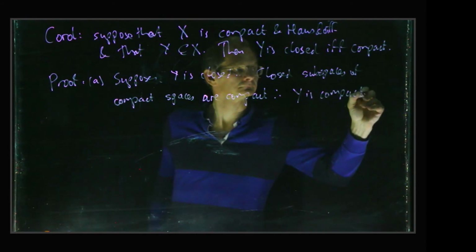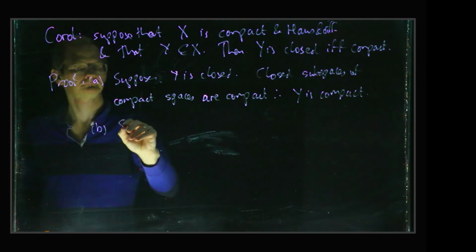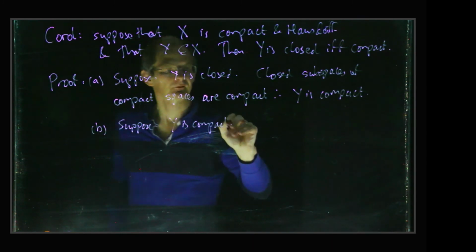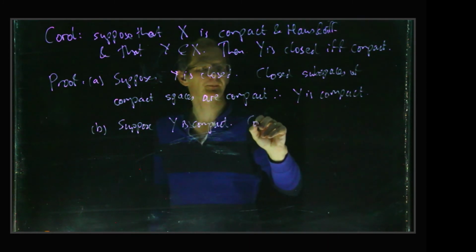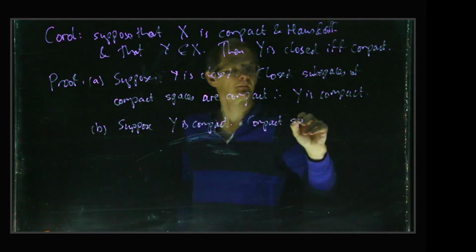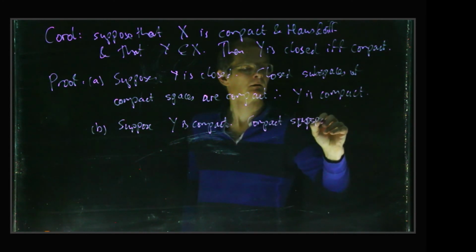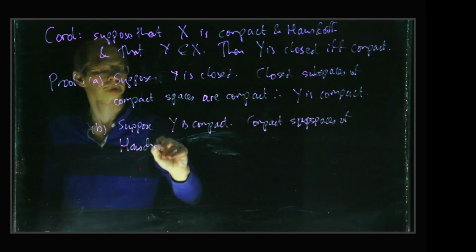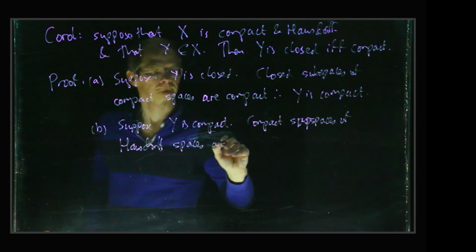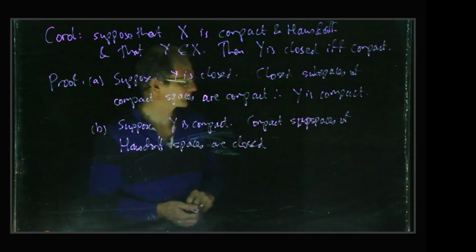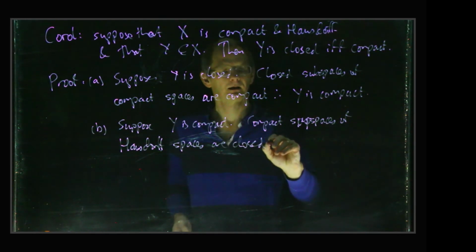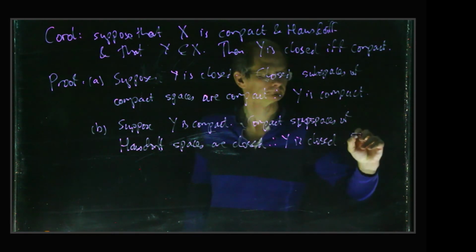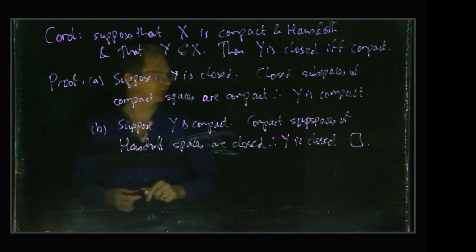Now suppose Y is compact. Well, we know that compact subspaces of Hausdorff spaces are closed. That was the second of the two propositions we proved in this video. So Y is closed. Okay. So that's all we've got to say about compactness and subspaces.